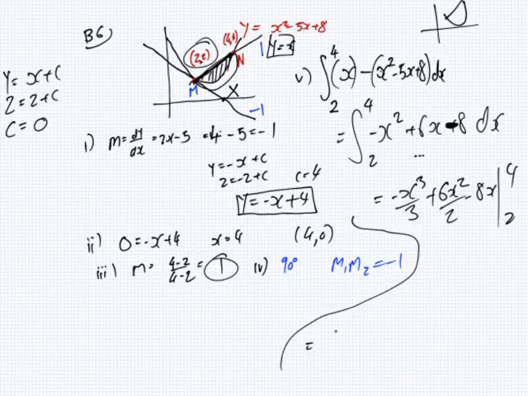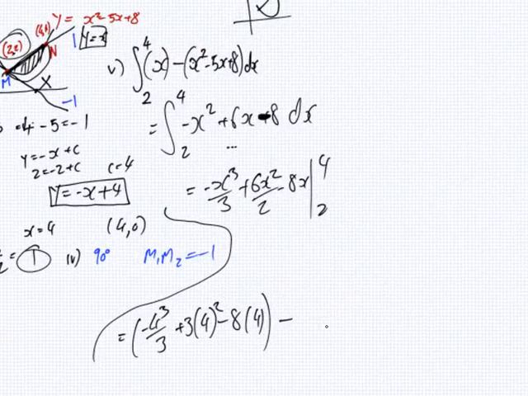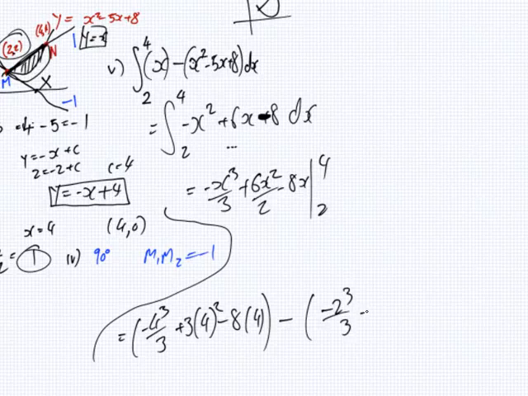So I'll put in the 4 first: minus 4 cubed over 3 plus 3 times 4 squared minus 8 times 4, and then minus, I put in the 2. So that will be minus 2 cubed over 3 plus 3 times 2 squared minus 8 times 2. And then you get whatever you get there. Not that difficult of a question.